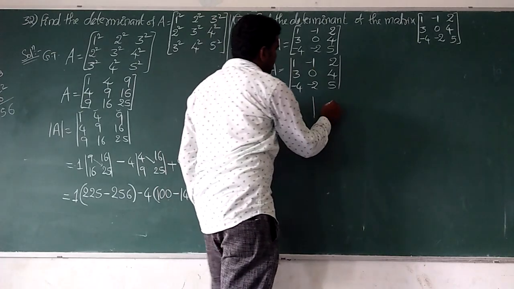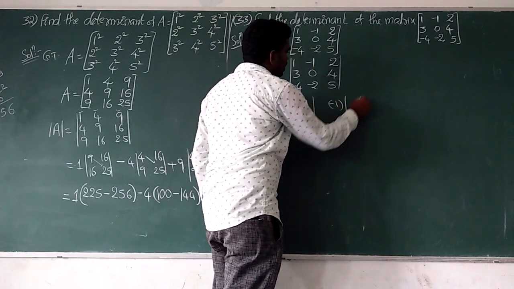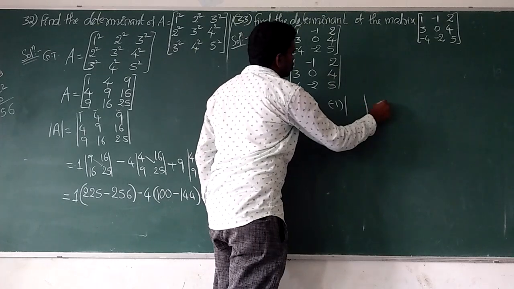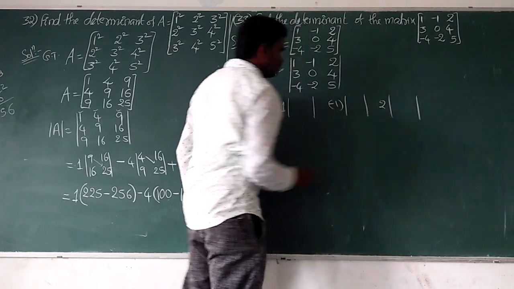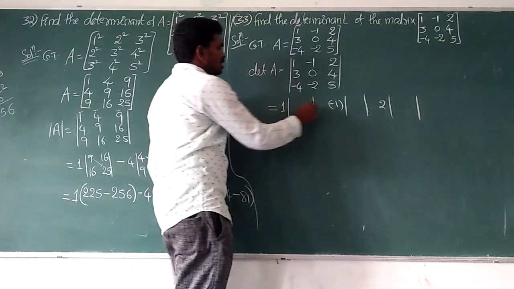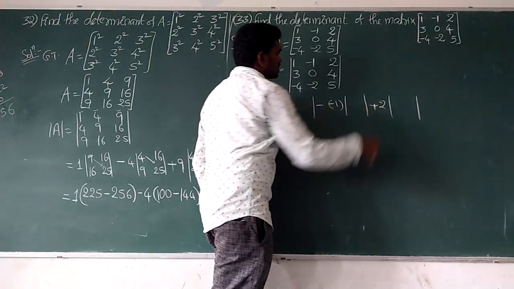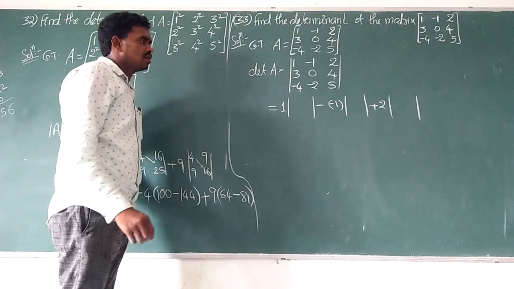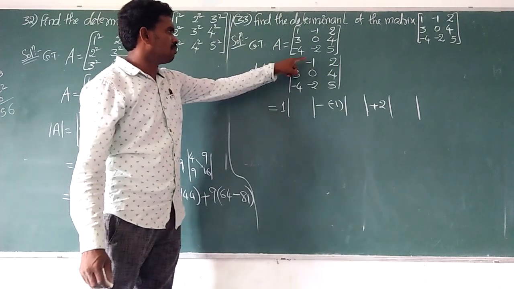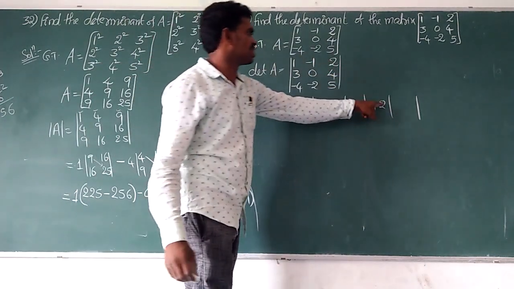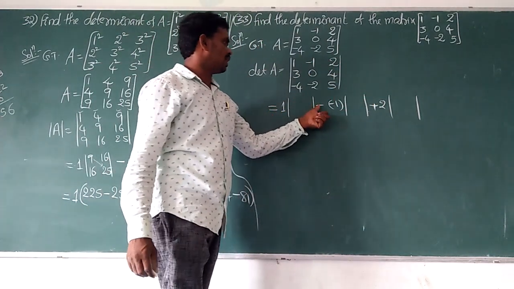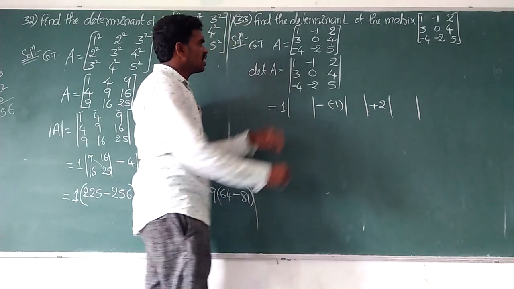Next minus 1 is there, minus 1 into determinant. Plus 2 is there. What symbols? Plus, minus, plus. 1 as it is, minus 1 as it is, 2 as it is.